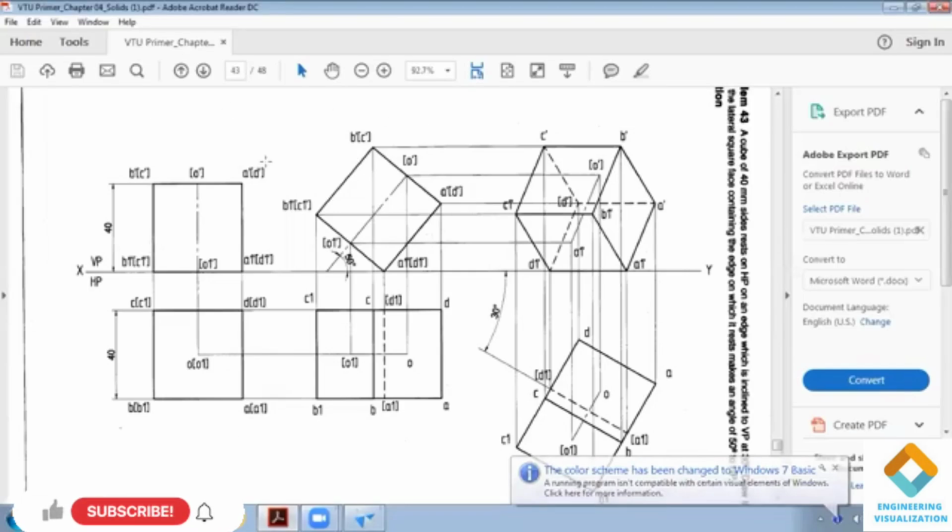Today we are going to do this cube problem in a solid software.